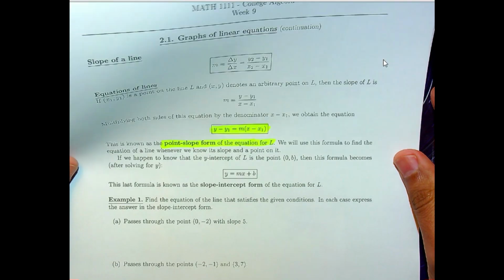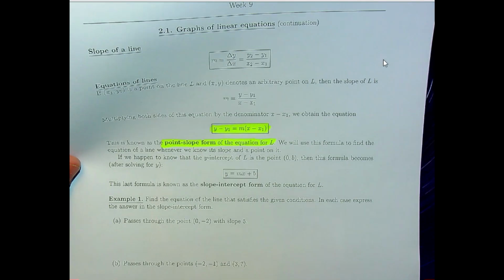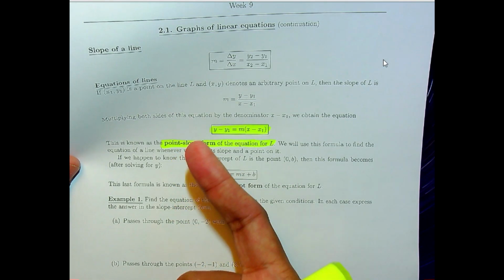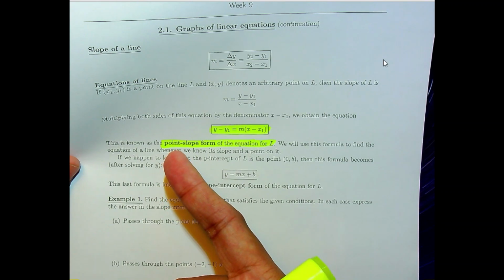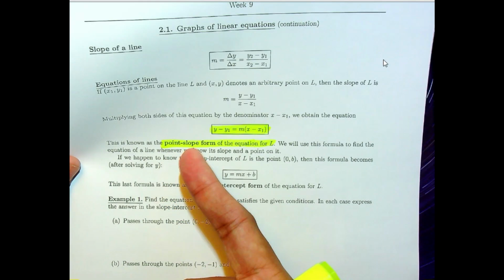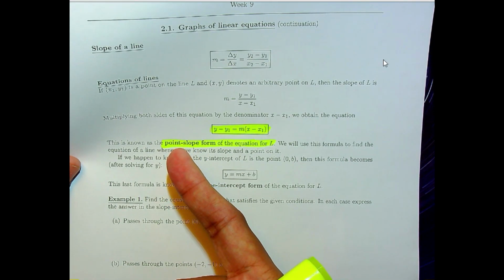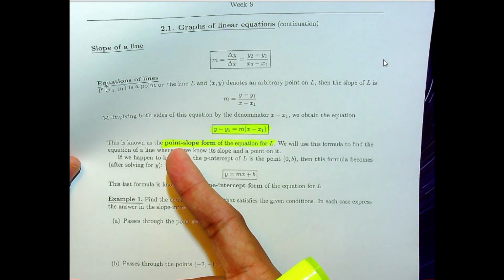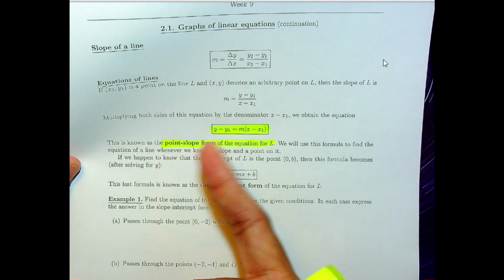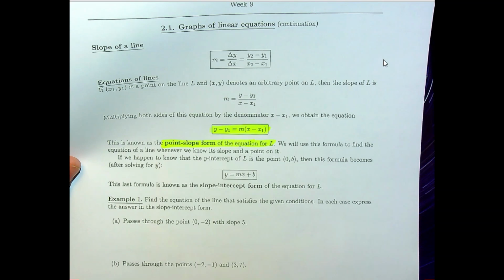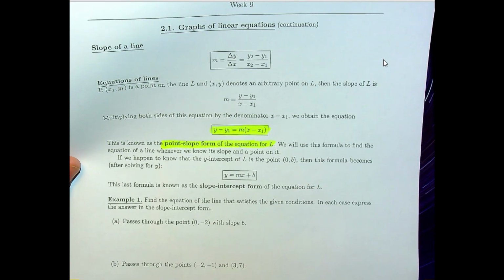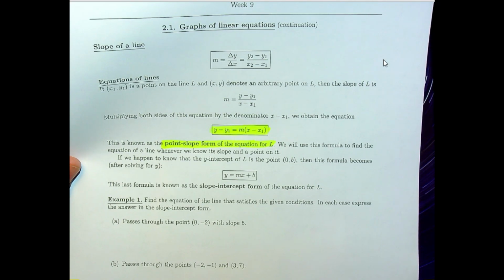The point slope form, because all you need to figure it out is a point x1, y1, and the slope m, right? If you know a point x1, y1, and the slope, all you have to do is plug it in there. And that's the equation. You got it. That's the equation in the point slope form.